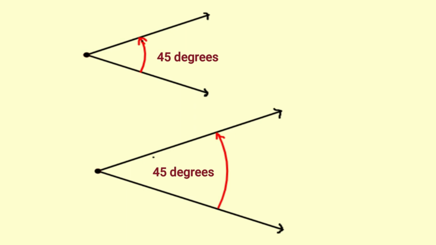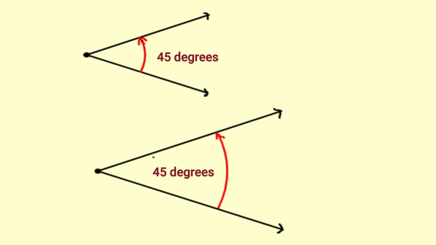However, that's not the case. As shown in the diagram here, both these angles are 45-degree angles. The size of the angle is not dependent on how high up the curved arrow is and how extended the rays are. It is dependent on the degree of turn.